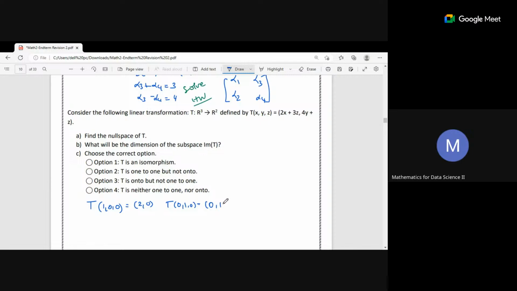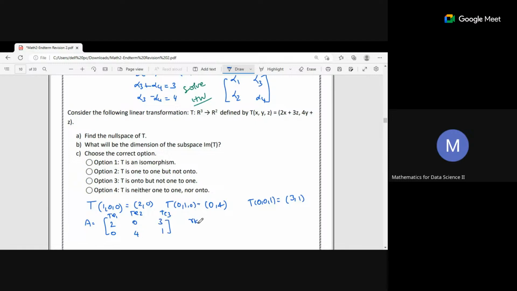And T of (0, 0, 1)? Ma'am, T of (0, 1, 0) is (0, 4). Thank you. So T of (0, 0, 1) is (3, 1). Okay. So what is the matrix you have? T1, T2, T3. So you have 2, 0, 0, 4 and 3, 1.